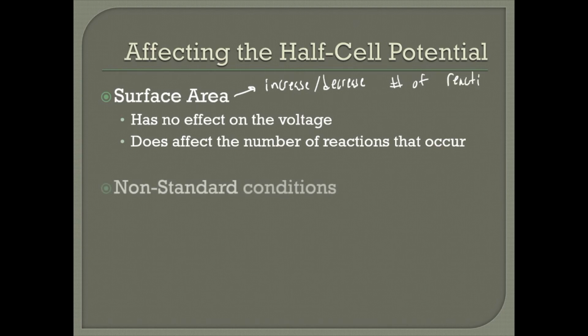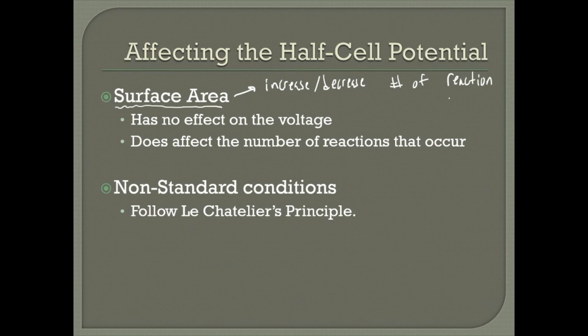Each reaction will still produce the same amount of voltage per electron. You just end up having more electrons available. So if you need something to move a lot of electrons, then having a large surface area will do just that. It won't affect the amount of voltage though, but it will cause the reaction to occur with more frequency.